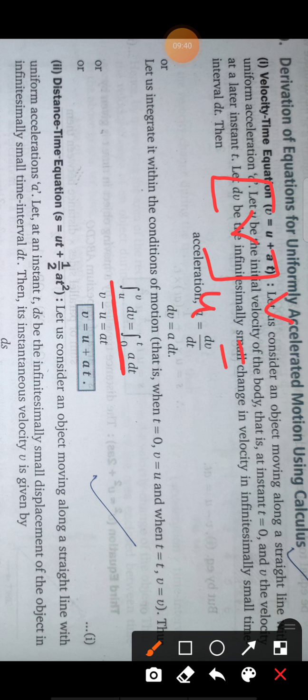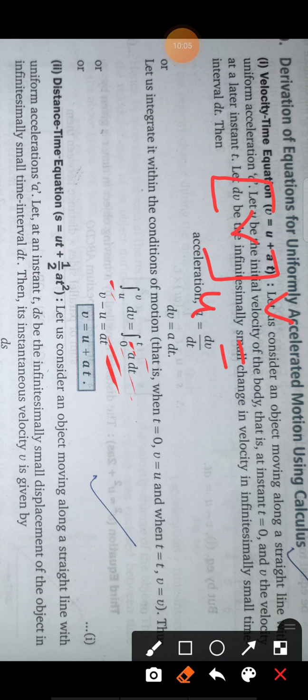Now remember one thing. Here the term is a into dt, so we are integrating with respect to t. Always remember the terms dt, dv, du, dy, dx. So here we are integrating with respect to t.